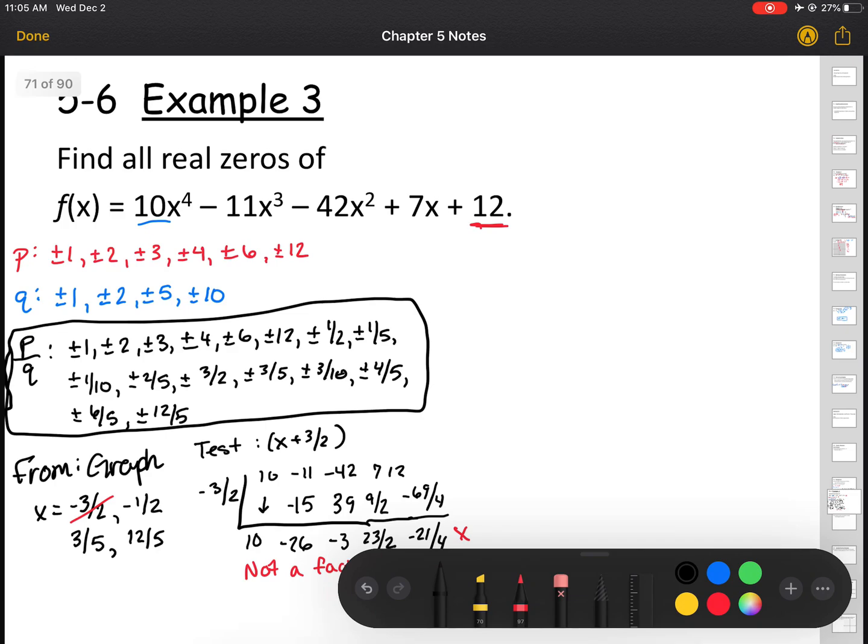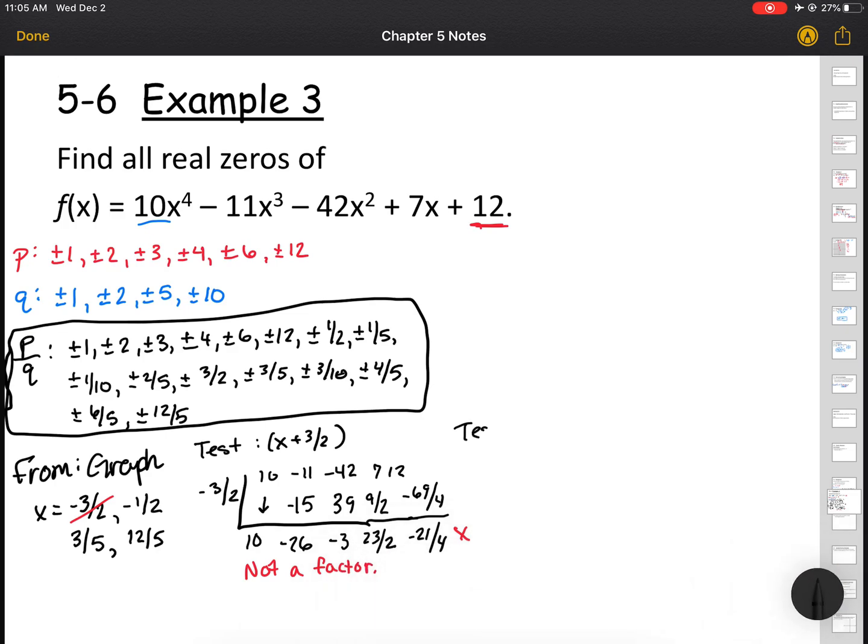But what if we test negative a half, okay, which would be x plus a half as a factor. And again, we're going to do the same coefficients, 10, negative 11, negative 42, 7, and 12. I'm going to drop down 10. Half of 10 is negative 5. And I'm adding here to make negative 16, excuse me.